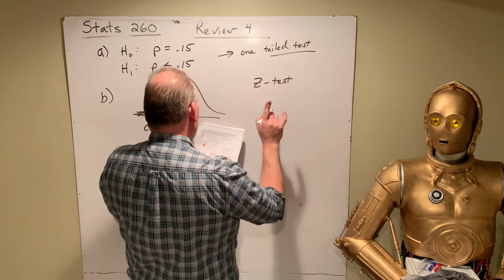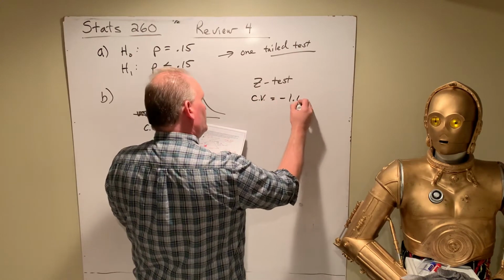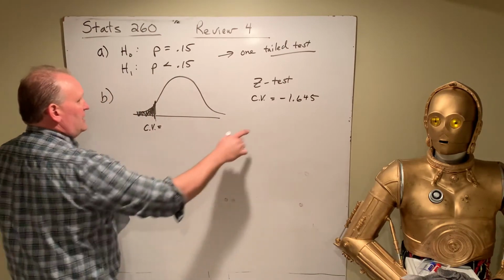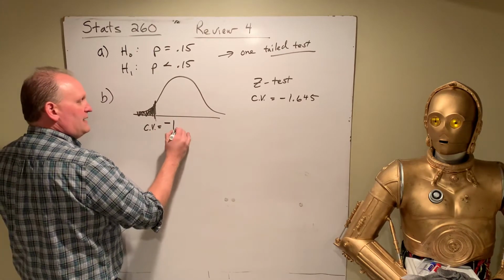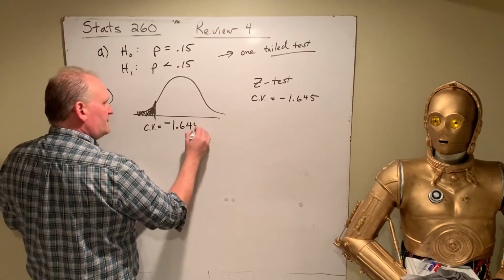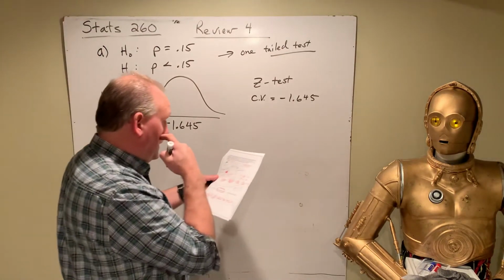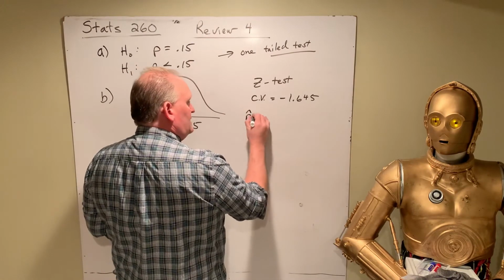So we got the critical value for 5% to be negative 1.645. We have to put the negative on there ourselves. You look up the 5% and it just says 1.645. But because we're on this end, we throw a negative in front of it. All right, so that's our critical value. Let's look at p hat. That's the sample.